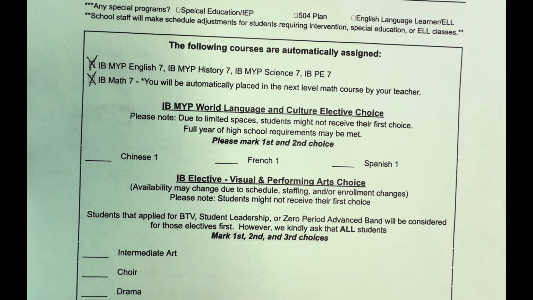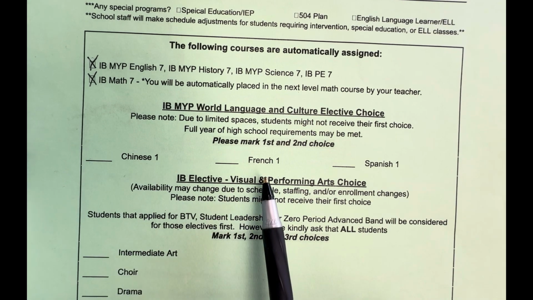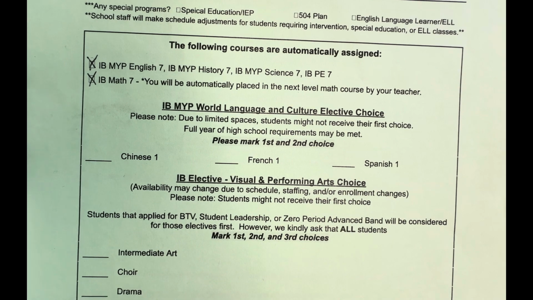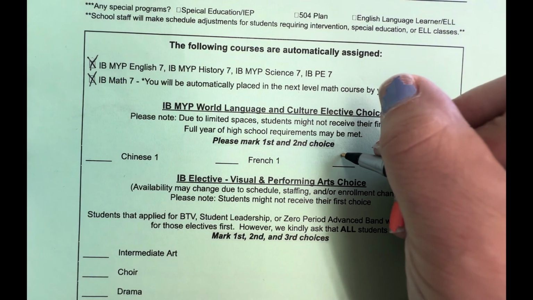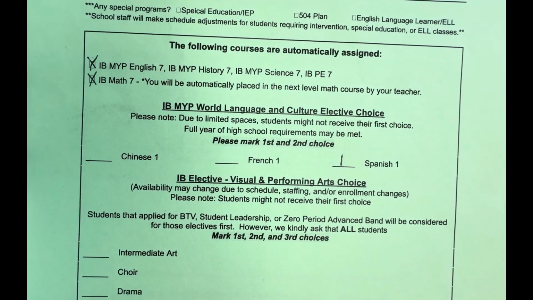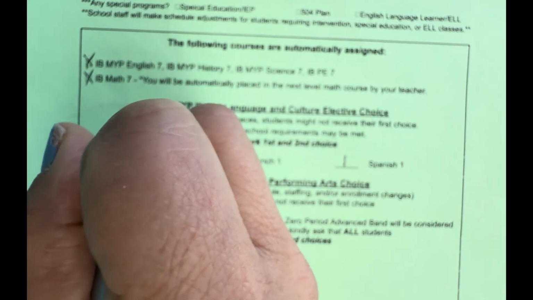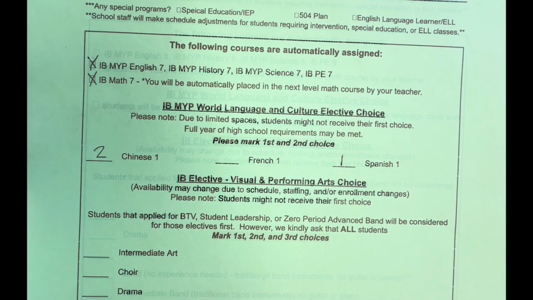If you are currently in our 6th grade diplomat program, your next step will be to choose your world language for next year. You will have 3 choices: Chinese, French, or Spanish. Whichever one you hope to get, you are going to mark with a number 1. Whatever is your second choice, you will mark with a number 2.